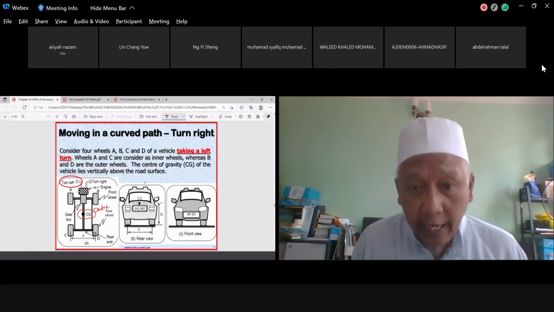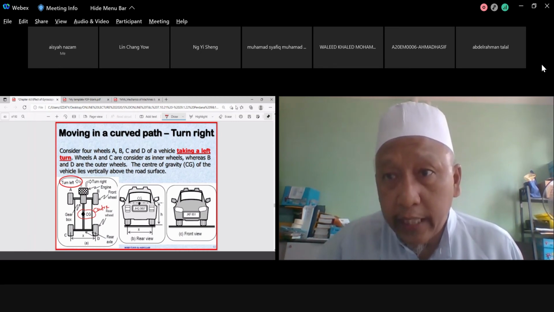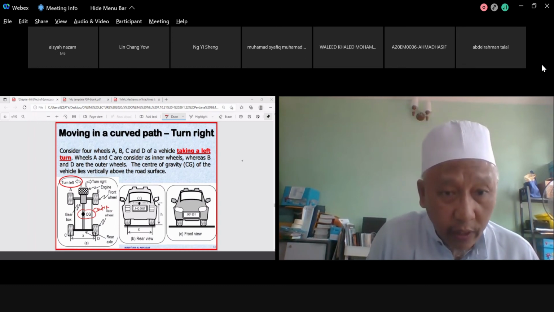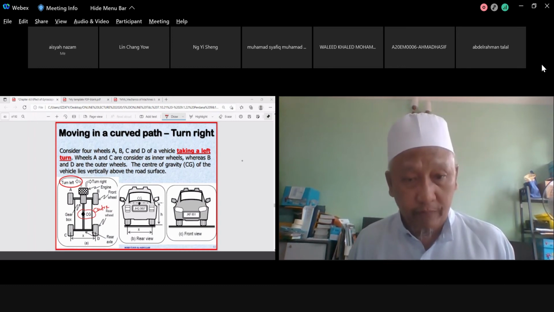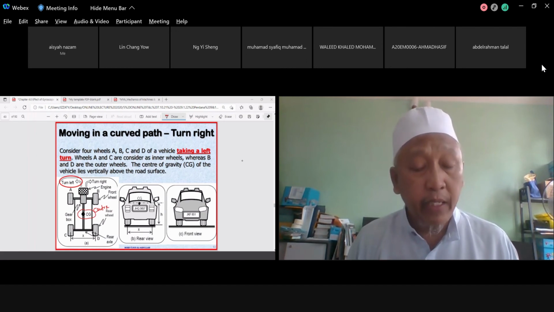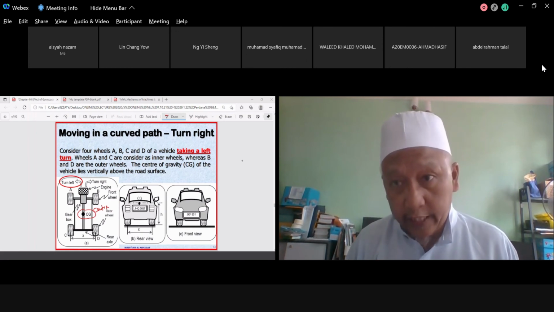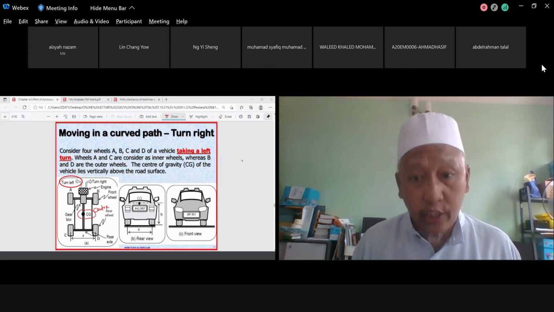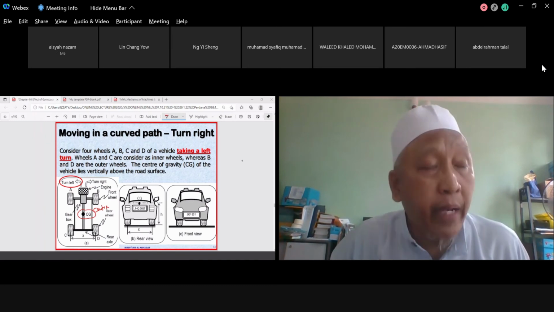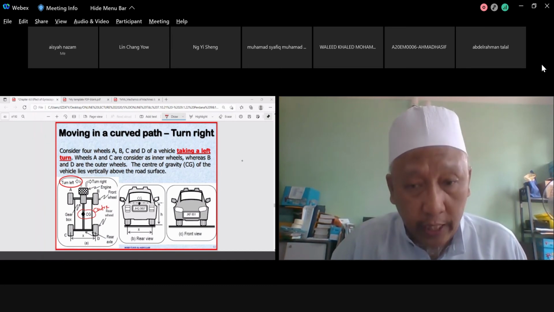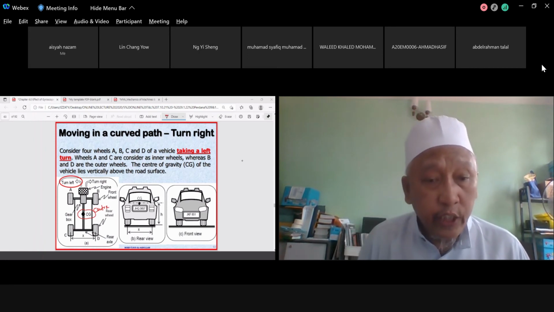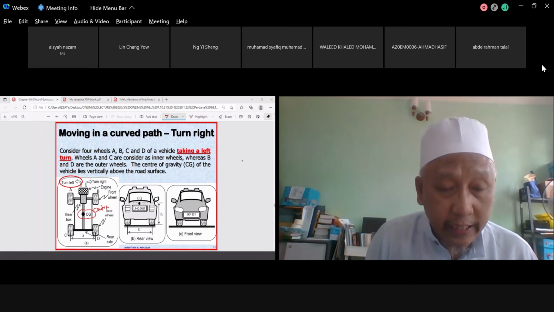Okay, as we have decided to assume that the CG is at the center, every wheel will carry the same load, isn't it? Because we already decided that the CG will fall at the center, every wheel will carry the same load, even though in the actual one it is not. Remember that, yeah. If you have a background from automotive studies, for example, this assumption is not correct.